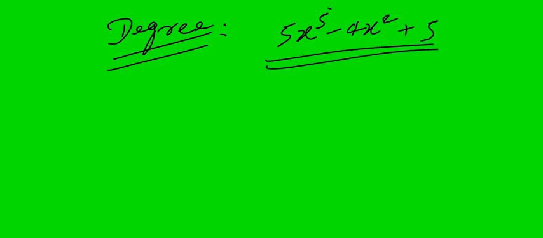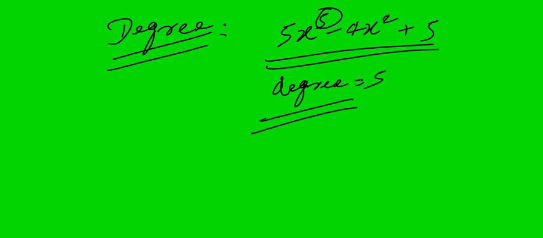We can see x to the power 5 is the highest power, so the degree will be 5. And the solutions of a polynomial depend on the degree. If the degree is 5, then definitely the number of roots of this polynomial will be 5.